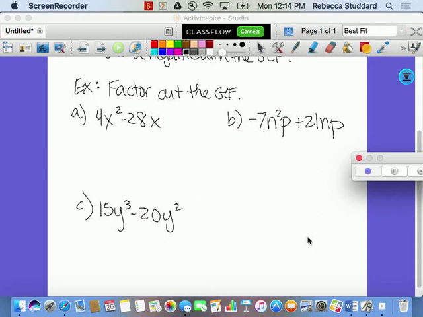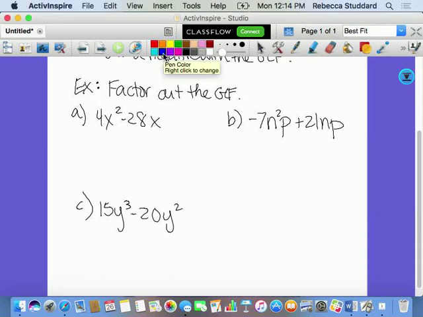On example A, what is the greatest common factor of 4 and 28? 4. And then because we have x squared and x, we will also factor out their GCF, which is x. So you write the GCF on the outside of parentheses. Now there are 2 ways of looking at this.